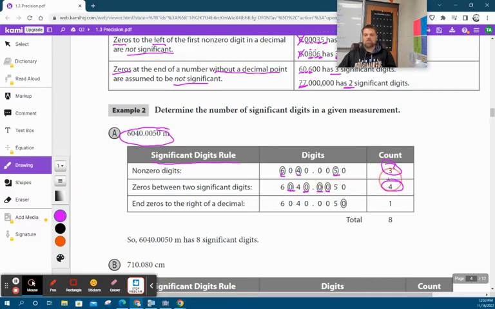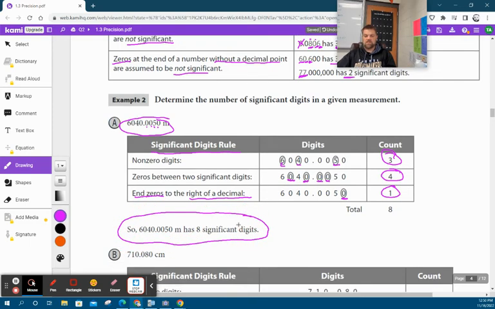So I have 4 trapped between them. Any zeros at the end of the right of the decimal? Yeah, one more. 3 plus 4 plus 1 is 8. So if I look at this, I've got 1, 2, 3, 4, 5, 6, 7, 8 significant figures.